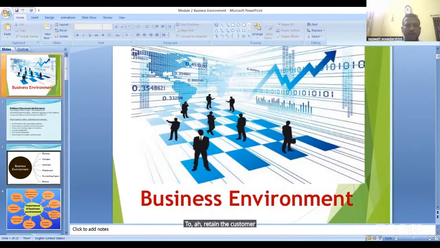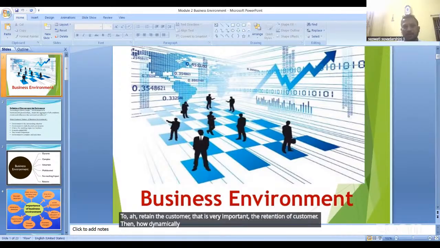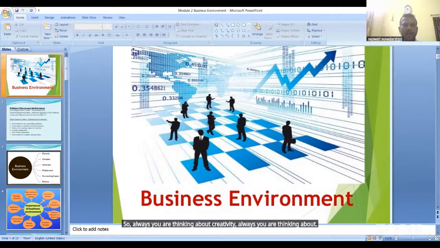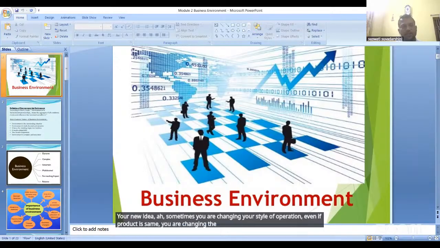Retention of customers is very important. Then how dynamically you are handling your business. Always you are thinking about creativity and new ideas. Sometimes you are changing your style of operation; even if the product is the same, you are changing the packaging and making different activities.